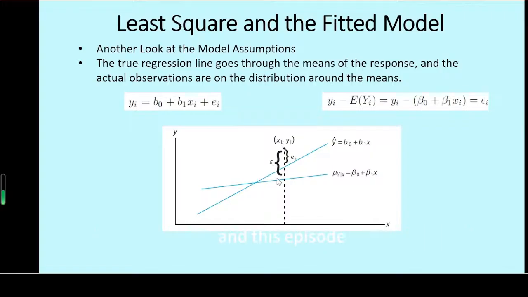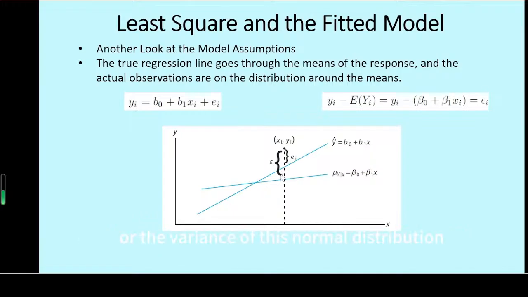And this epsilon follows the hypothesis that this error, no matter which x value, follows an identically and independently distributed random variable. And in linear regression this random variable is normally distributed. For the normal distribution, this random term has a variance called sigma square.